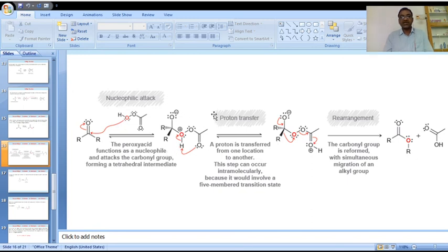It would involve a 5-membered transition state. This is the transition state intermediate.